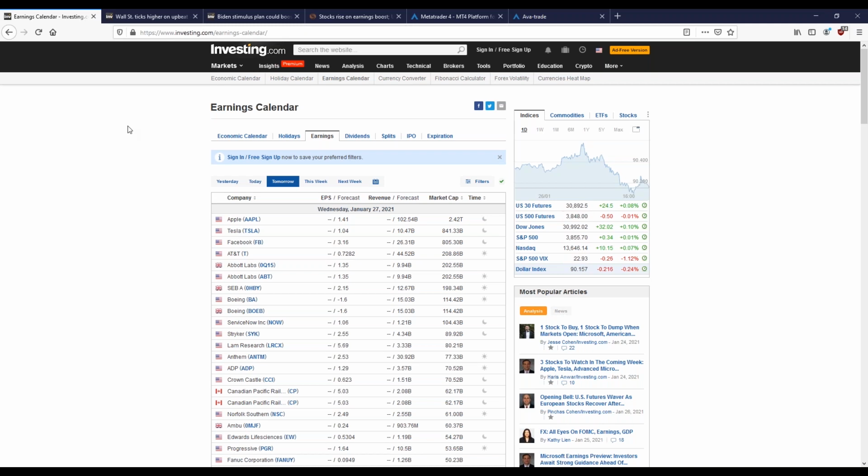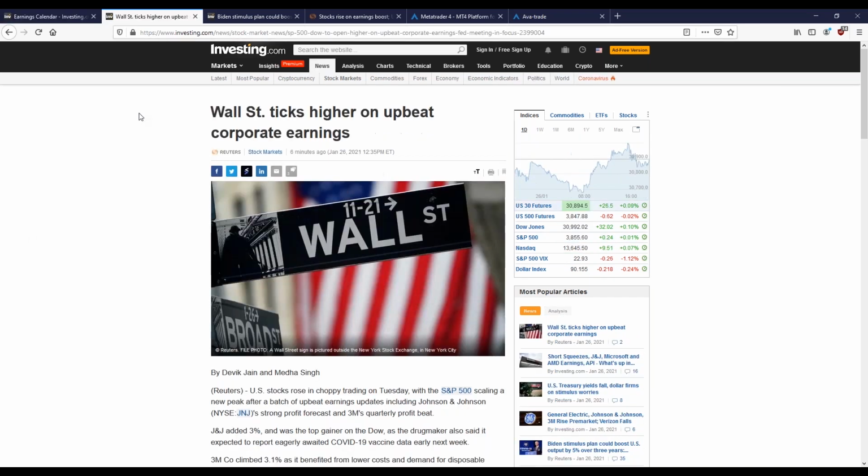And if it looks like there's a problem passing the stimulus, you could see the US dollar strengthen, and you could see the indices and stocks maybe pull back down. Okay, so that's a news story that could move things, is the stimulus negotiations as they're trying to finalize something in the US.